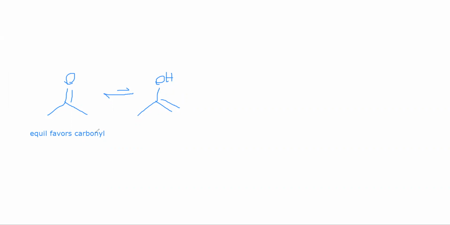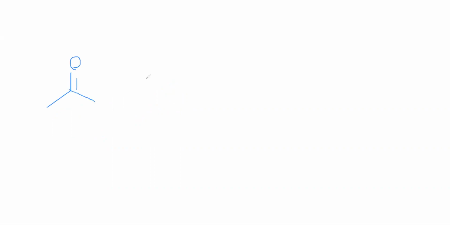So you can do that with either an acid or a base catalyst. And I'm just going to bring this up because it's something that might confuse some people. If you add an acid catalyst to a ketone, you can make it form an enol, like I just said.